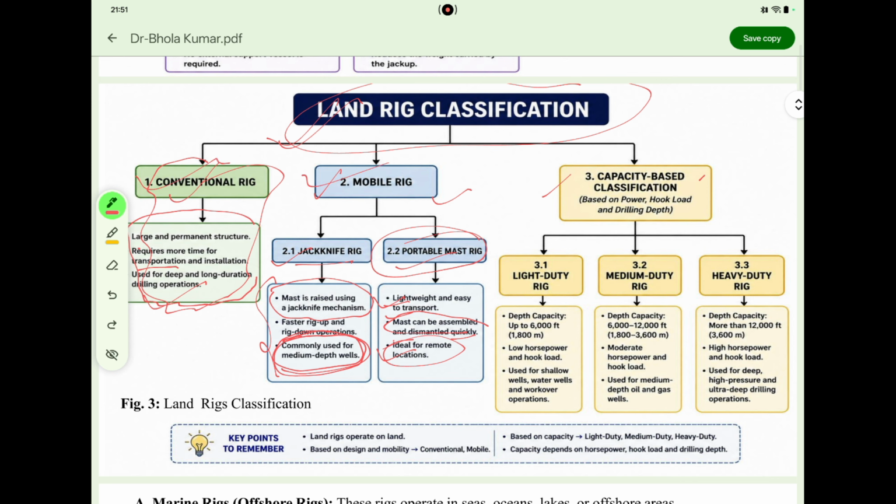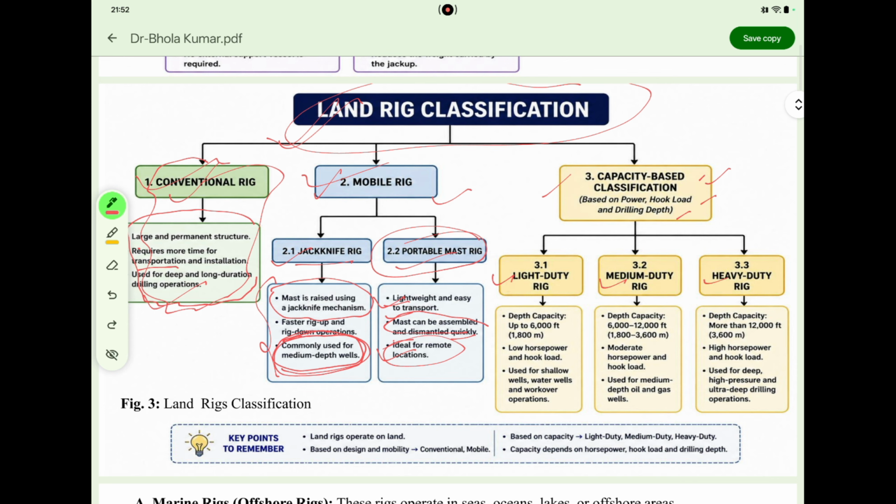The next one is the capacity based classification, based on the power, hook load, and the drilling depth. If you are going to classify it, there is the light duty rig, the medium duty rig and the heavy duty rig.